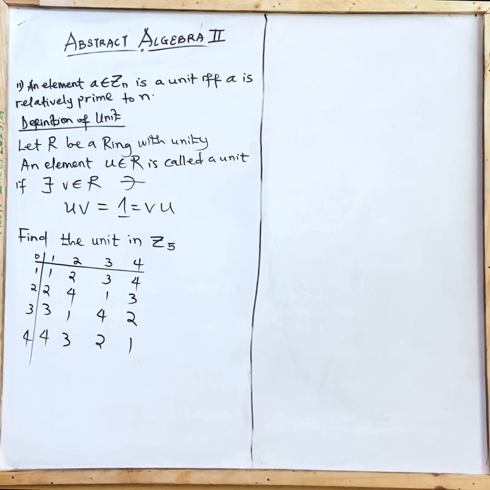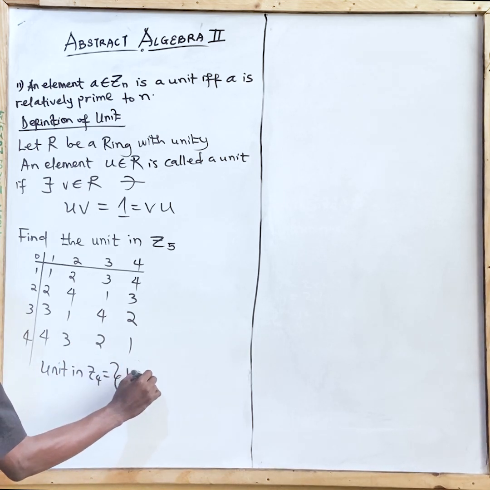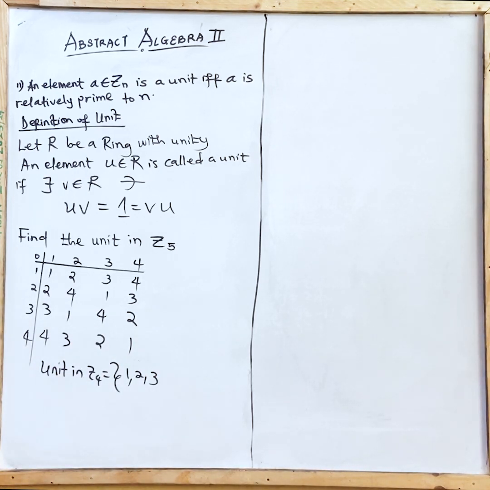So now if you look at my table, 1 times 1 gives me 1. So the first unit I see in Z5 is 1. When you look at it, 2 and 3 gave me 1, so basically it means 2 and 3 are also units in Z5.